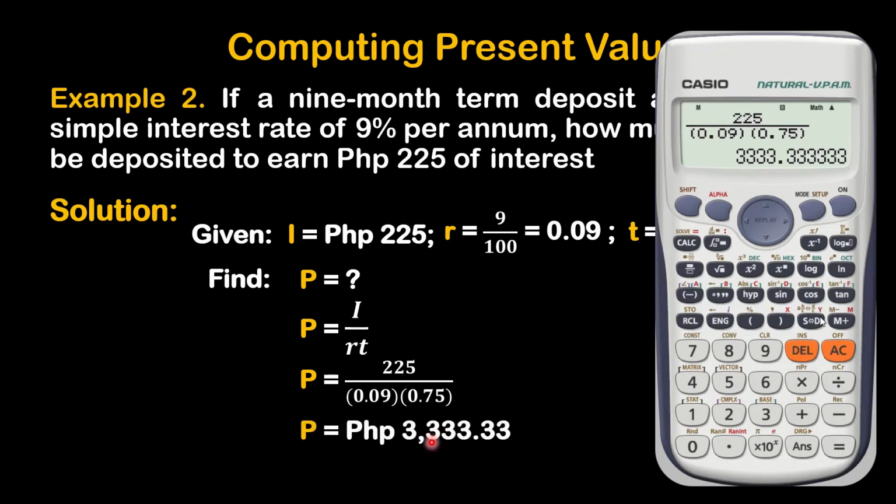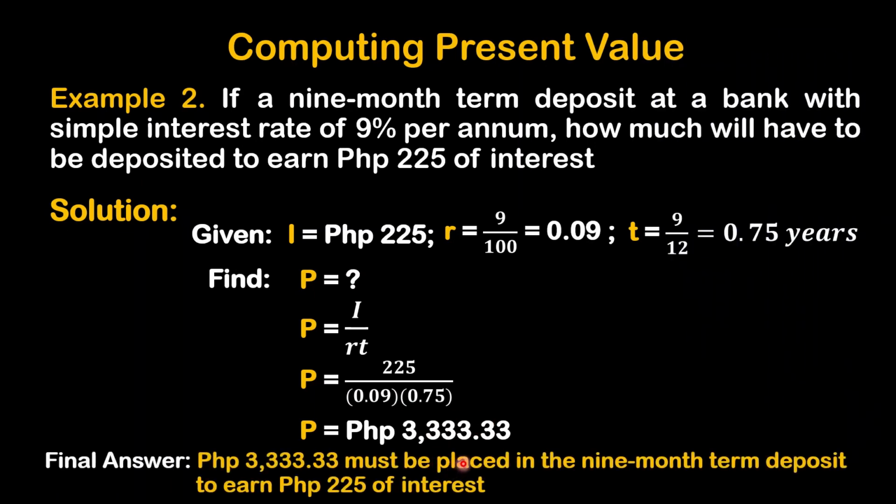Okay, so that means our answer is 3,333.33 pesos. Okay, so let's just round off to 2 decimal places. So in this case, our conclusion is 3,333.33 pesos must be placed in the 9-month term deposit to earn 225 of interest.